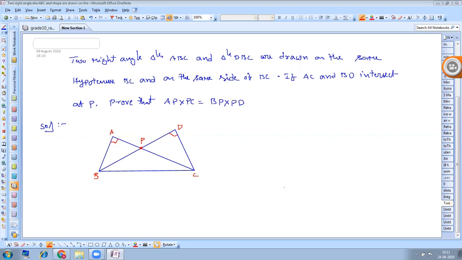One side is common for both, and the second thing is one angle is common, the right angle. Correct. Now, our job is what we have to do.